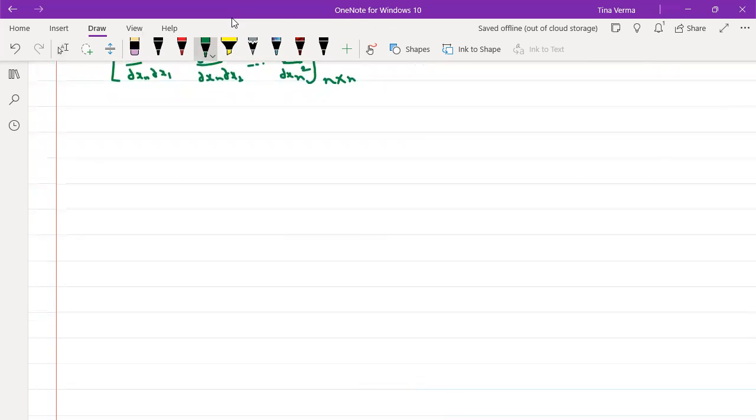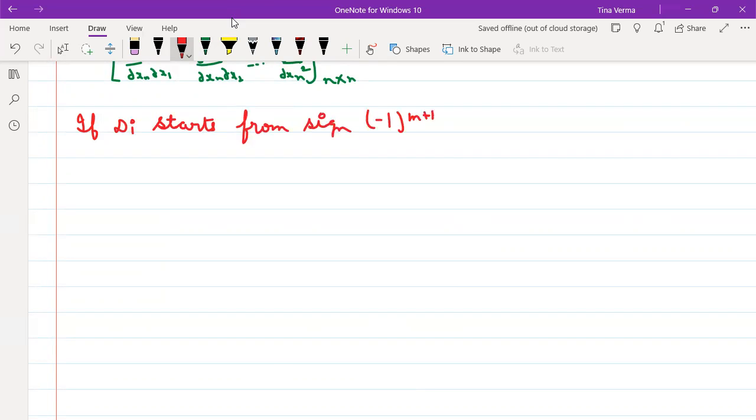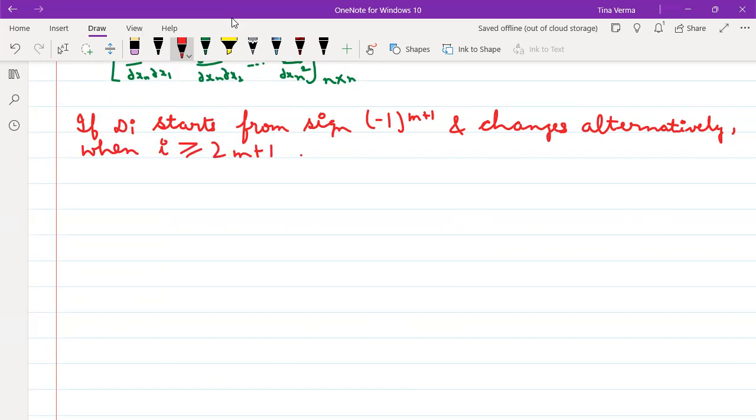So वहां पे हम पॉजिटिव डेफिनेट की बात कर रहे थे. यहाँ पे हम पॉइंट को मैक्सिमाइज या मिनिमम कब कहेंगे? If Di starts from sign (-1)^(m+1) and changes alternatively, when i is greater than or equal to 2m+1, then the point is a minima point.